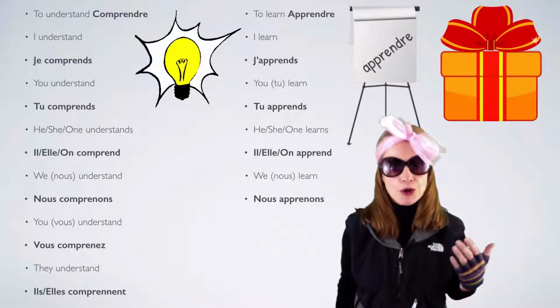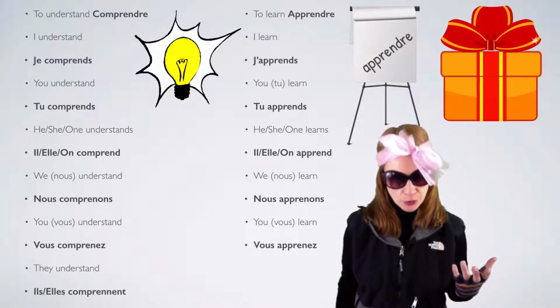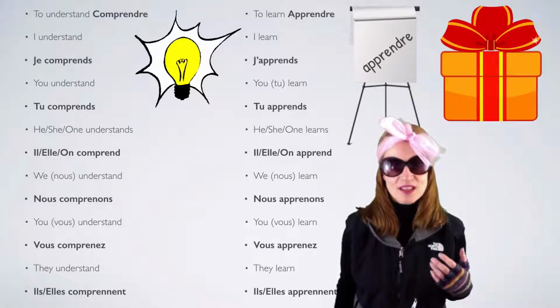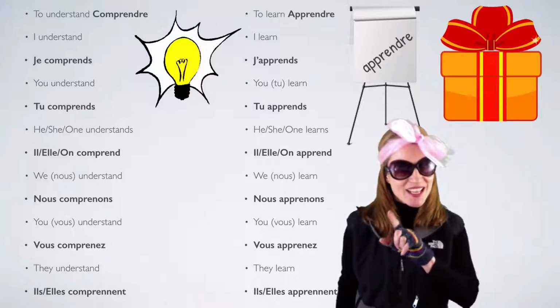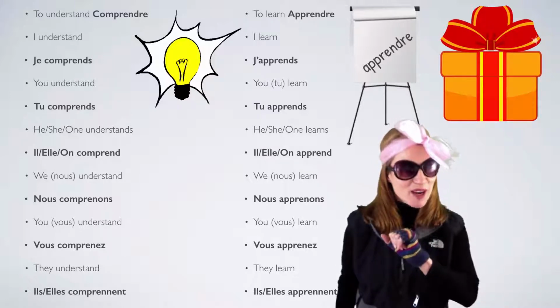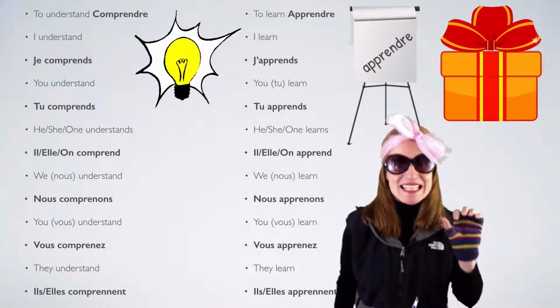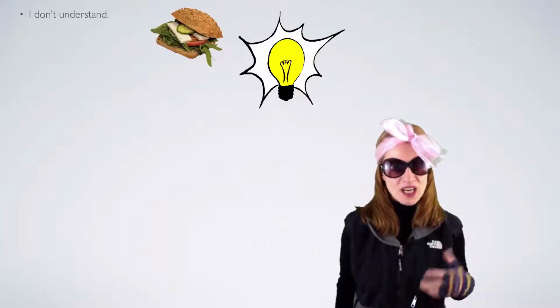Nous apprenons. You learn using vous. Vous apprenez. They learn. Ils ou elles apprennent. Okay, you can join the S to the A because it's a vowel. S between 2 vowels, Z sound. Ils apprennent. Elles apprennent.